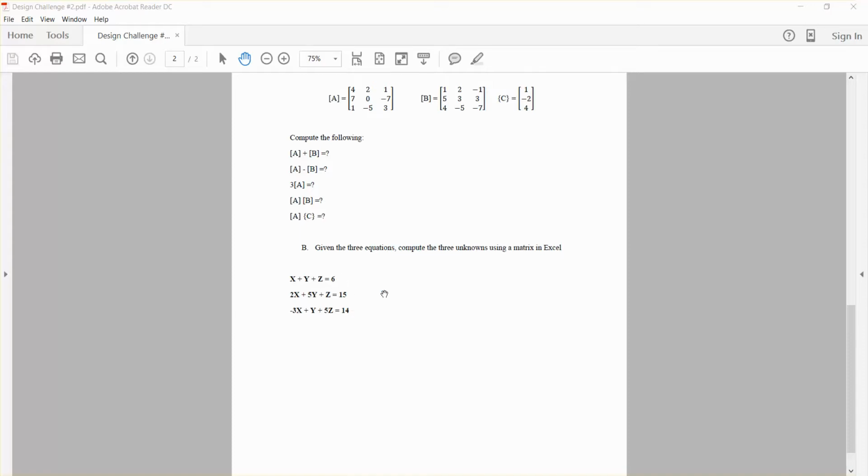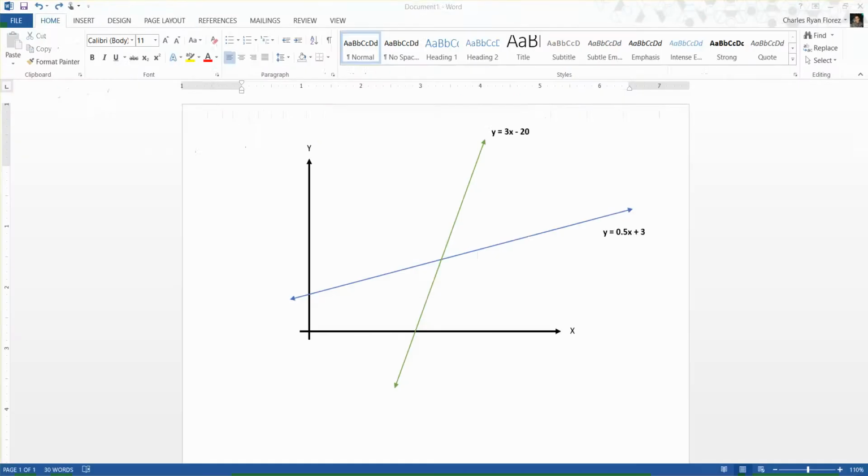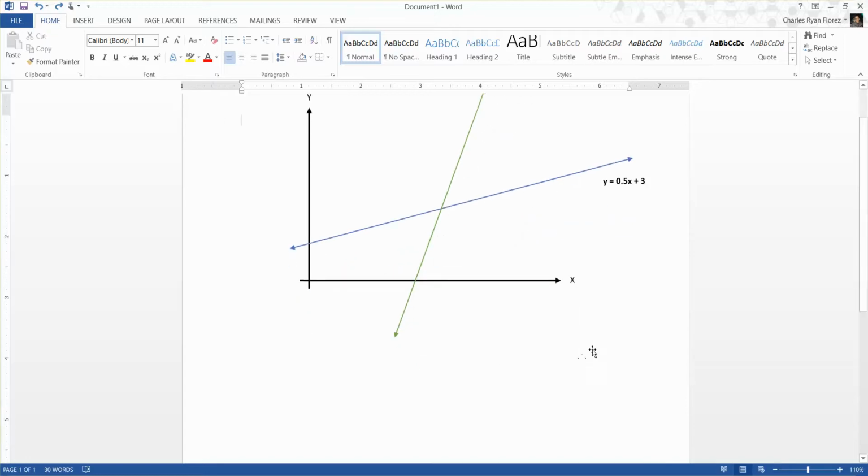Getting into what that means, I have a little example here. If I have two lines represented by these equations, you can see they intersect, obviously. They intersect right there.